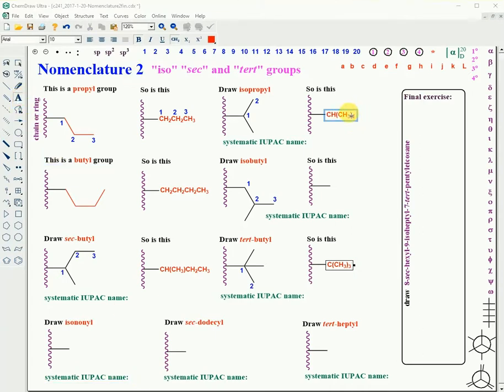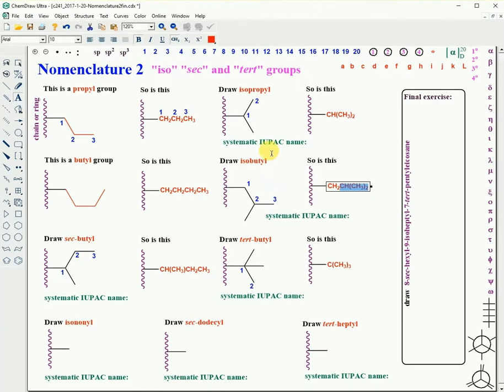Looking back, I notice I forgot to draw the condensed version for isobutyl. That would have a CH2 before the C with the branch. All right.